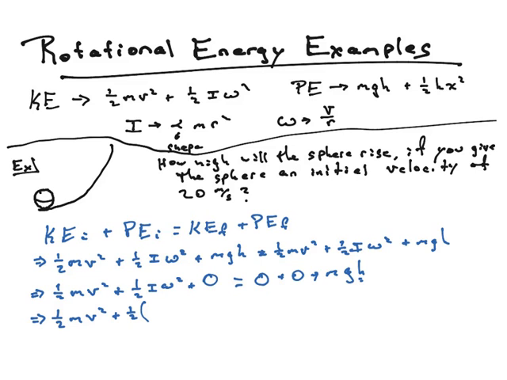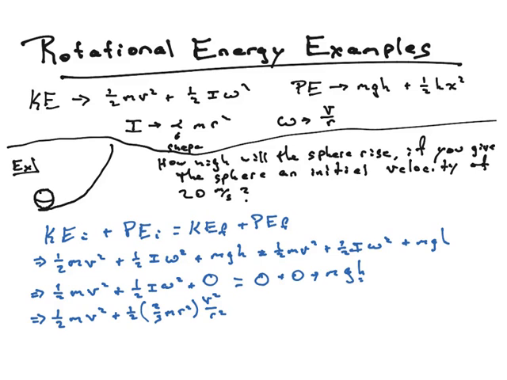It was a hollow sphere. If I look back at my table of values, it was 2/3 mr squared. And the other trick was to replace omega with v over r. So instead of omega squared, it's v squared over r squared.